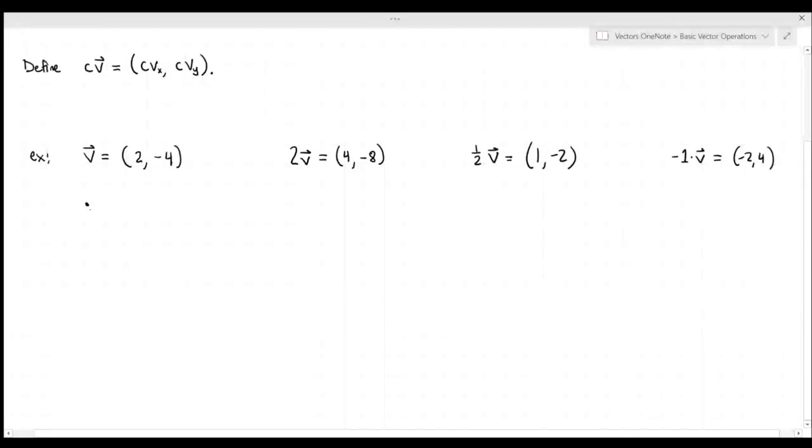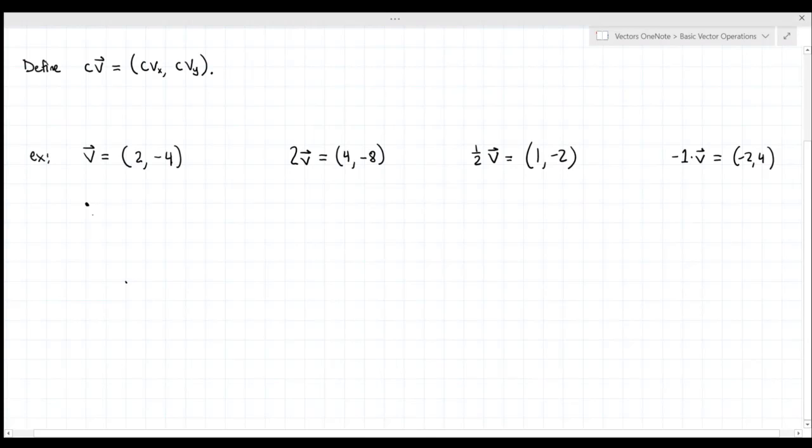And it's good to see the visual effect of scalar multiplication. So here I've drawn the vector v. The x component is 2, and the y component is -4.